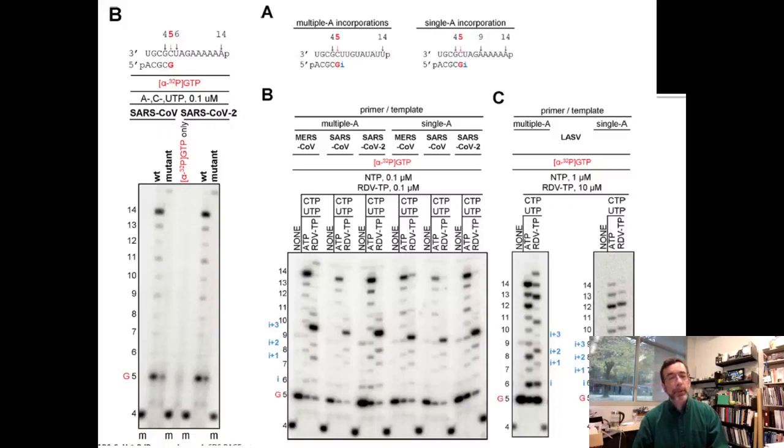You can actually go through and you can see how remdesivir appears to work slightly differently. You see down at part B, they have lines for MERS-CoV, SARS-CoV, and SARS-CoV-2. So these related coronaviruses also bind remdesivir. And we're not going to get into interpreting the data from this, but mostly I want you to see, if you look at the bottom there, look at the G is where you have the chain termination, and then you see that you have I plus 1, I plus 2, I plus 3.